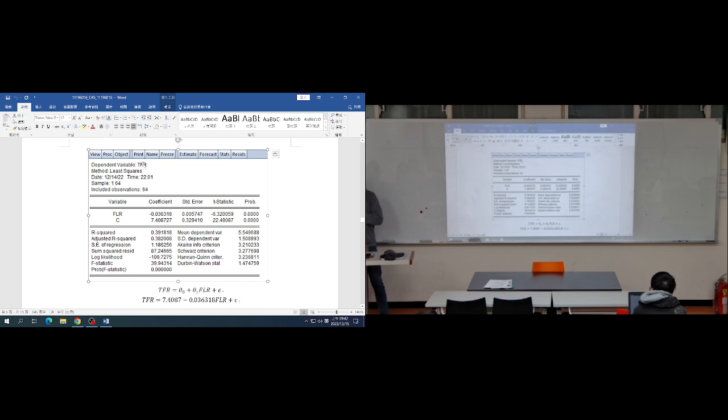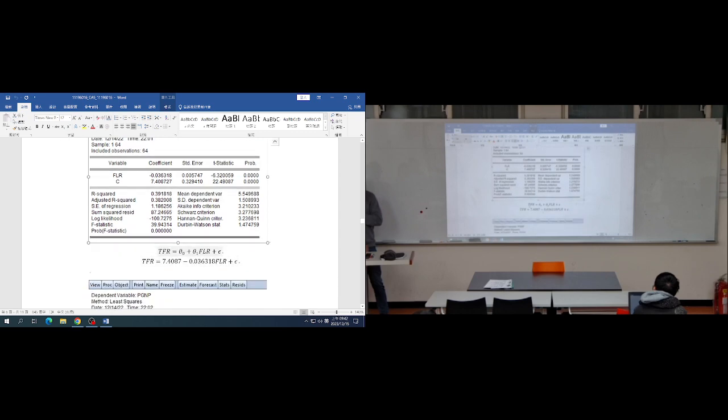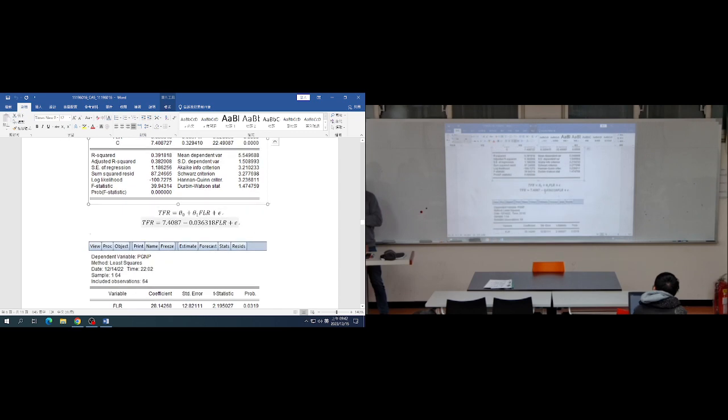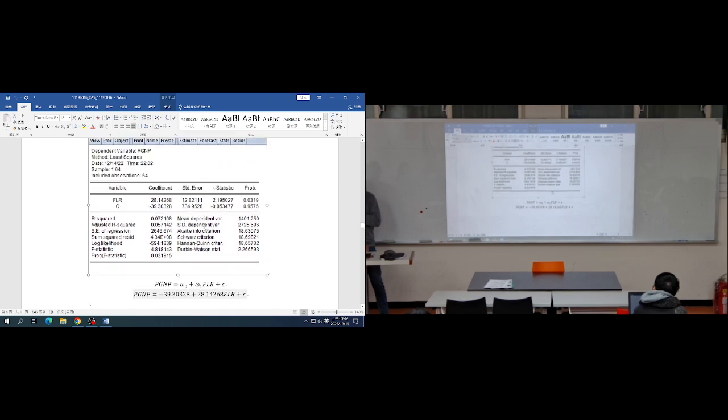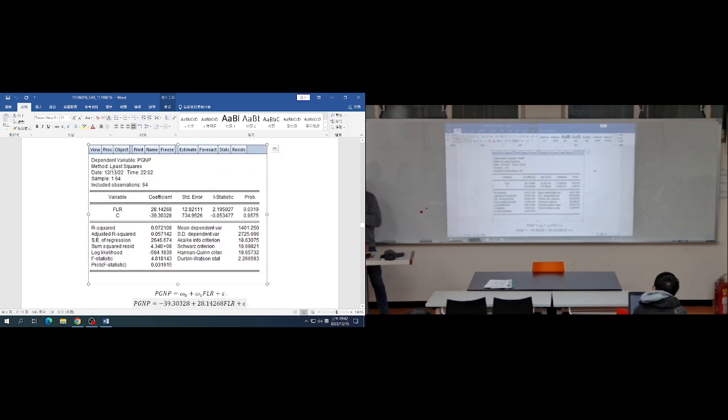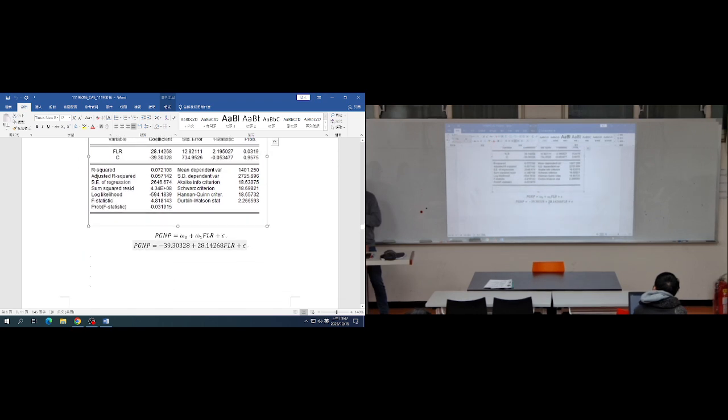So we use the first omitted variable as dependent and this one as independent. We get here the stats, with the coefficient that we are looking for to calculate our expected bias. Same for the second omitted variable. Here, sorry, maybe I should go, okay, here. And finally here. So we have our two coefficients.